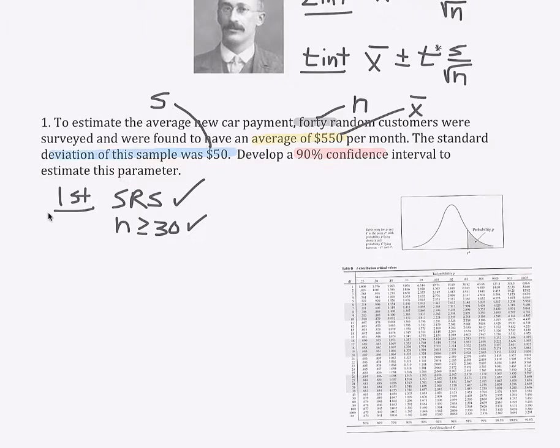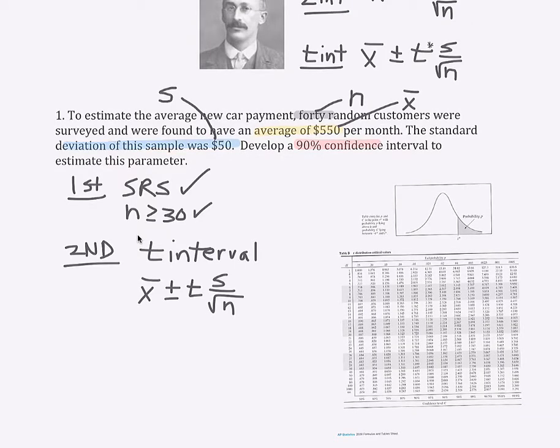The very first step in a t-interval is just like the very first step that we've used for z-intervals, which is to check to see if it's a simple random sample and check to see that your sample size is greater than or equal to 30. And both of those actually check out. Next step, just as we did with z-intervals, in the second step, the first thing you want to do is to announce what interval you're using, and we're doing a t-interval here, and write down the formula as well.